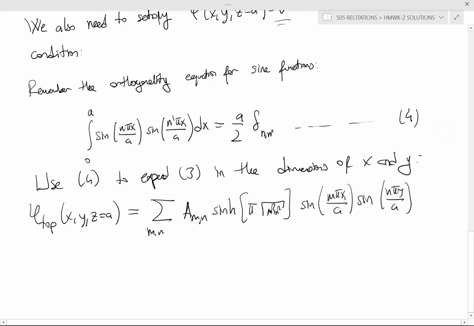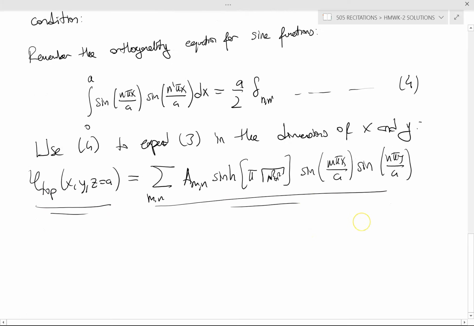Let's take the integration of both sides of the equation with respect to the harmonic of x first. dx from 0 to a, sin(m prime pi x over a).